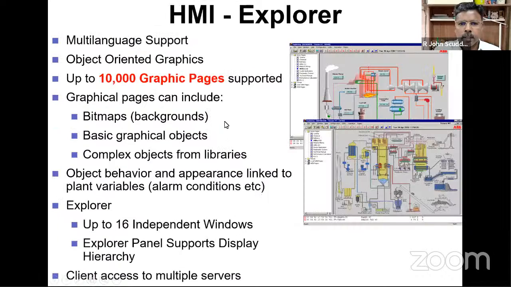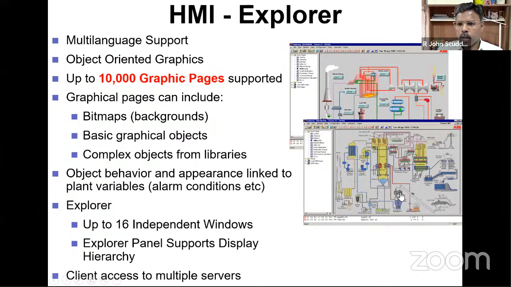Then going ahead, in one HMI system, HMI is another application software, you can have at least 10,000 graphic pages. Hope you're able to imagine. The operation engineer seated at his computer is able to access the entire power plant in 10,000 graphic pages. In these graphic pages, you are able to see the turbines, blades, and other things.